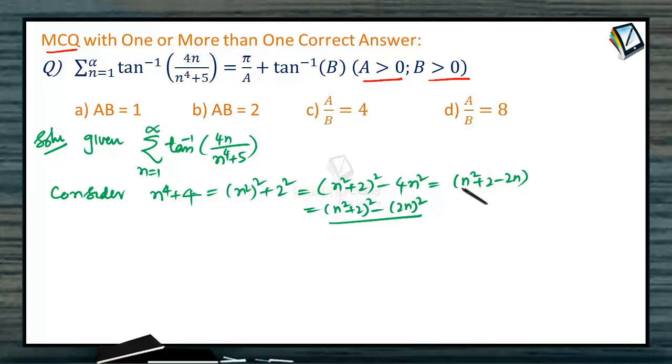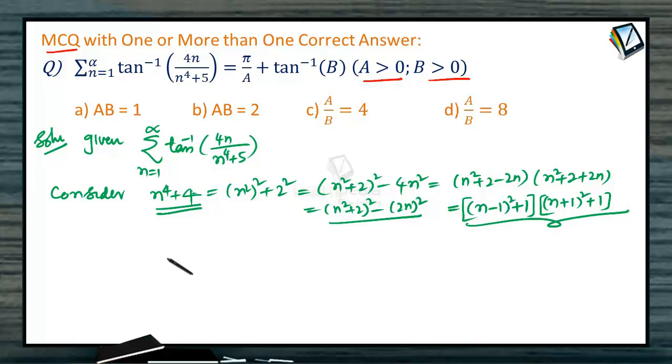So this can be split as n square plus 2 minus 2n into n square plus 2 plus 2n. Finally we can write it as n square minus 2n plus 1, that is n minus 1 whole square plus 1, as one term, and the other term is n plus 1 whole square plus 1. So n power 4 plus 4 can be written like this.